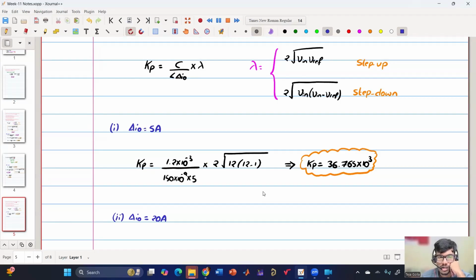Okay, let us check. Also, as delta I naught is increased, Kp should decrease. So basically, it should be 1/4 of that, as delta I naught is increased by 4 times. So we can also do it that way. Okay, so you're saying 9 point something into 10 to the power 3. So I hope it is correct.